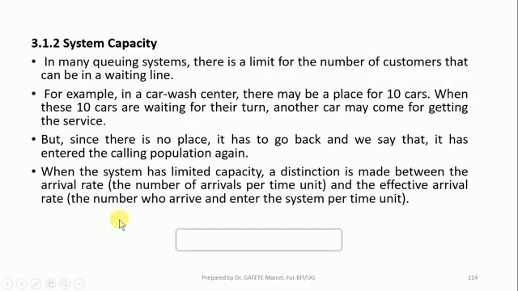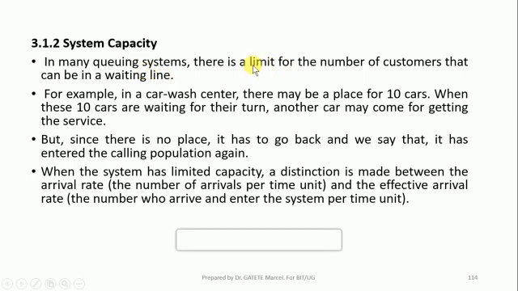So we can also have the system capacity. In many queuing systems, there is a limit on the number of customers that can be in a waiting line.